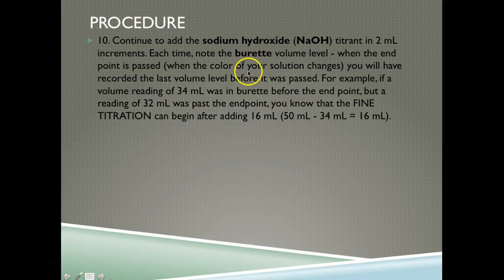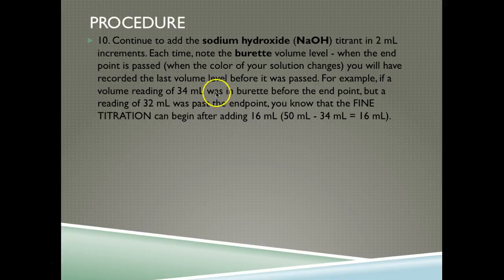And then when you do reach your end point, you will record this last volume, all right, before you pass it, because once you've passed and you get a deep magenta color, then you've shot past the end point, all right, and that's not good because then your volume will be incorrect, okay. So suppose you went from 50 to 34 mL in the burette and you reached your color change or your end point, okay.